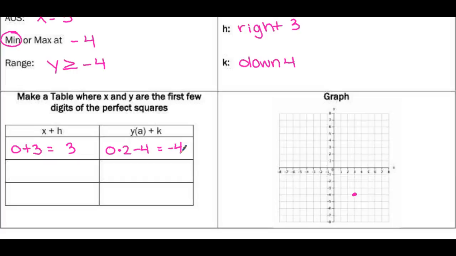It's the old parent function numbers. So 0, 1, 2, and 0, 1, 4. Then what we do is we add h to the x side. You multiply by a on the y, and you add or subtract your k. And that's going to give you all of your new graphing points.